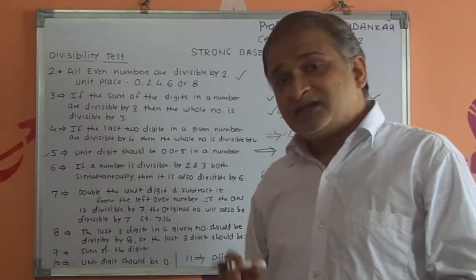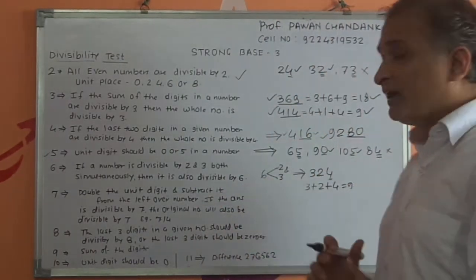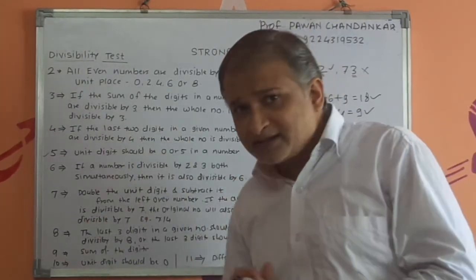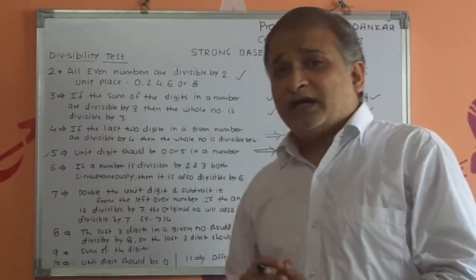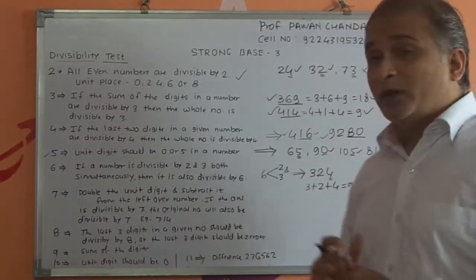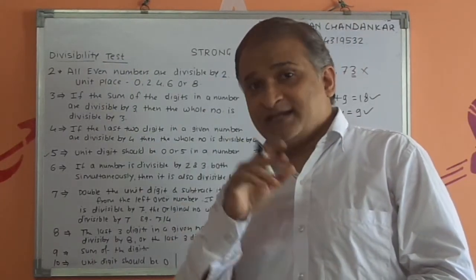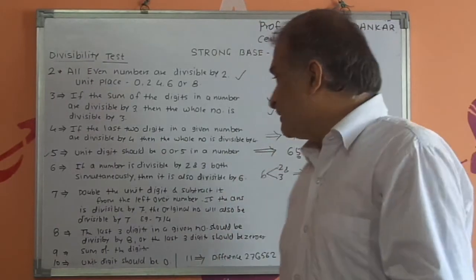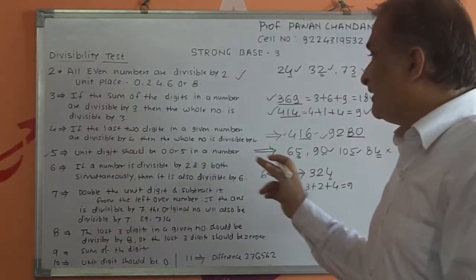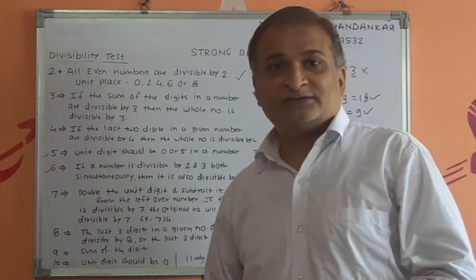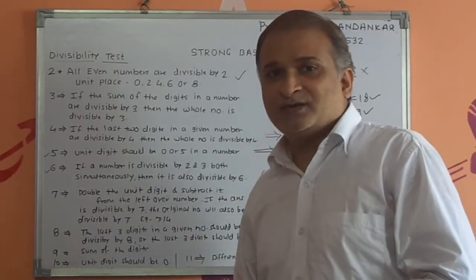It means that the number 324 satisfies the test of 2 and 3 both simultaneously. That's why this particular number 324 will also be divisible by 6. Understood? This is what the test of 6 states. Hope you must have understood this test.